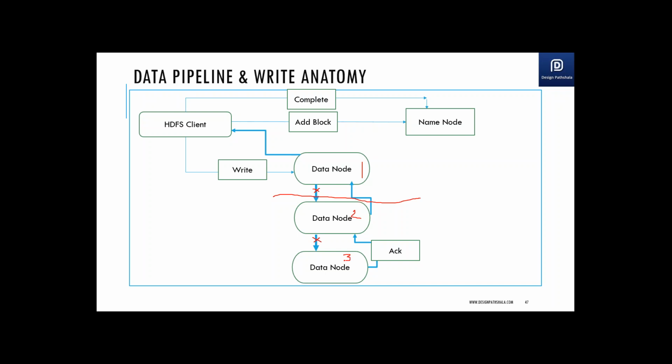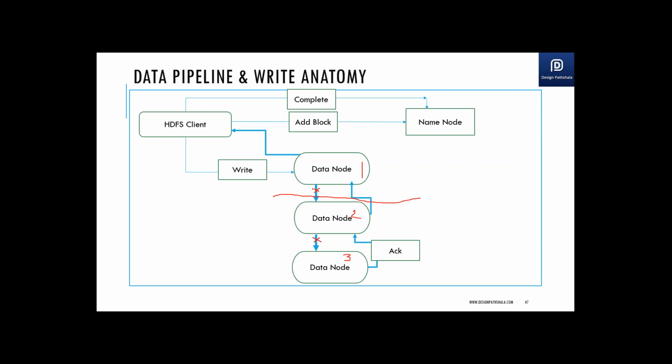If 2 fails, will 1 try another data node? It will not try another data node, because the client gives a write instruction to data node 1: write it to yourself and copy it to 2, and 2 will copy it to 3. So if 2 fails, 1 will just send an acknowledgement that it is successful and send it to the client. The client will go to the name node again, and the name node will assign a new data node.